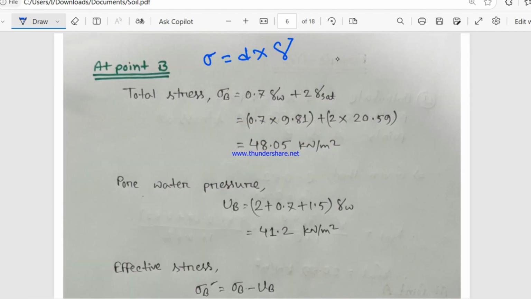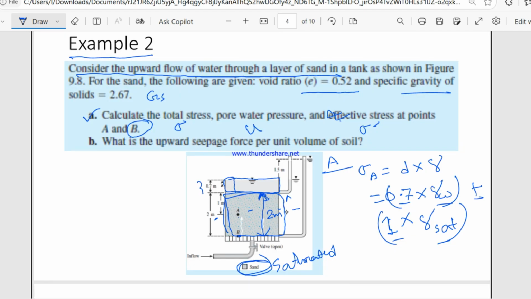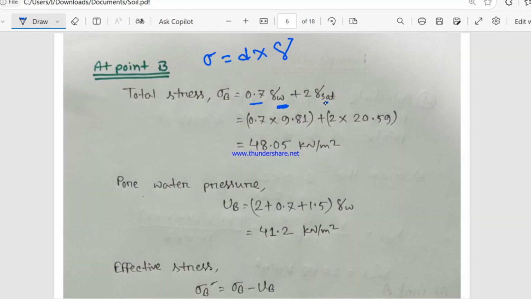So 0.7 multiplied by water unit weight plus 2 meter multiplied by saturated unit weight. Then the total stress will be 48.05 kilonewton per meter square.